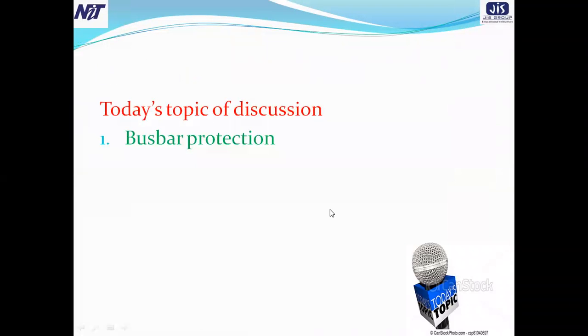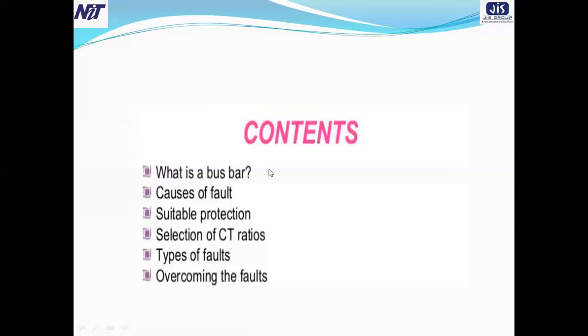So today's topic of discussion is the protection of busbar, or you can say busbar protection. Now this is the content for today's lecture. First I will talk about what is the busbar, then causes of fault, that is, what type of fault occurs in case of busbar, then the suitable protection, that is, what type of protection we can take to protect the busbar from the fault conditions, then the selection of CT ratios.